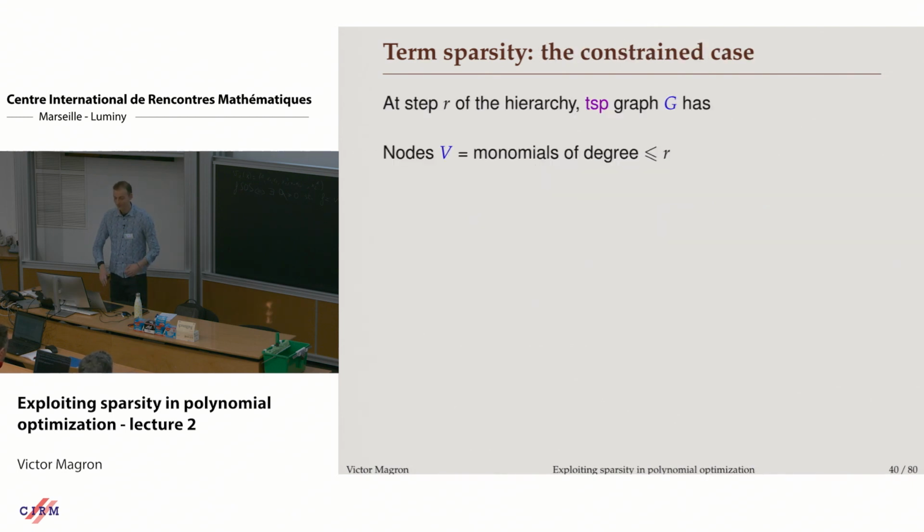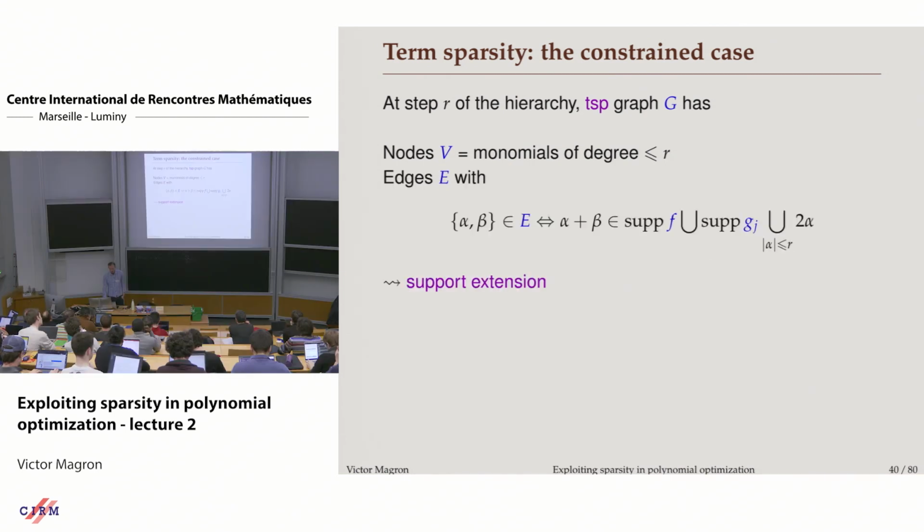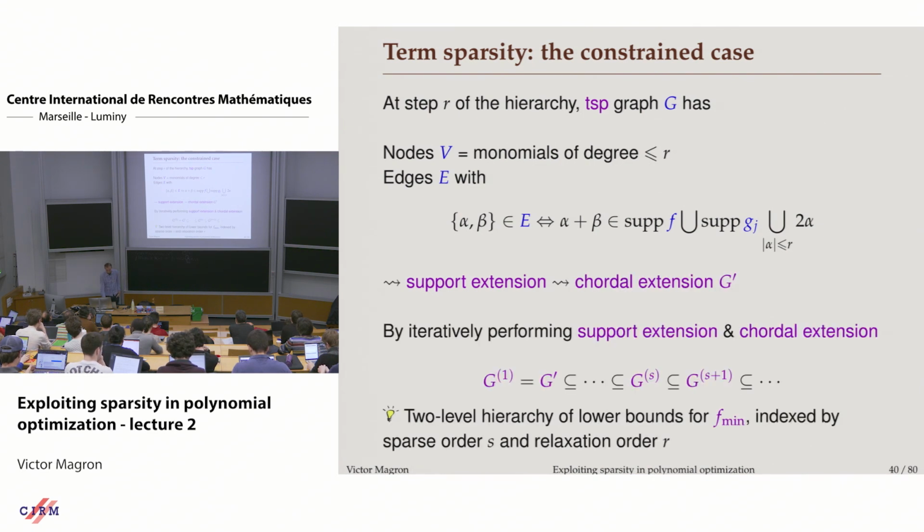Okay, so T-SOS, term sparsity, is a hierarchy within the hierarchy, where you start from a potentially very small graph, and then you complete it by relying on this two-step iterative process. So you alternate between support extension, so possible degrees, possible products with several terms, and chordal extension.